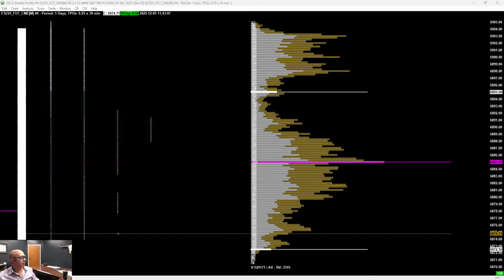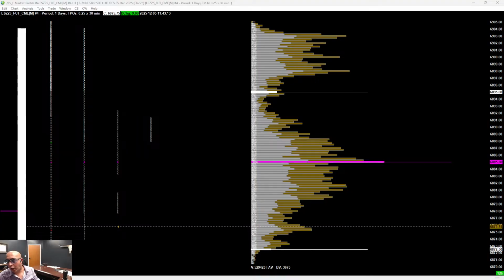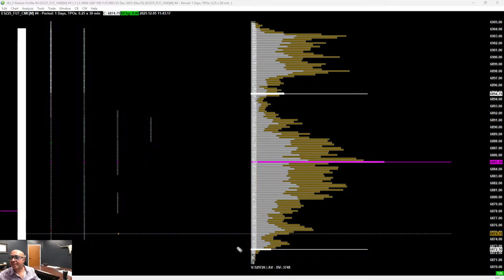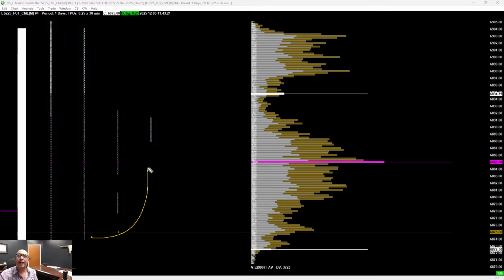Because looking at this chart, if you're right and if you're long, 68.70 becomes the hold, and then we roll back up to 68.85.